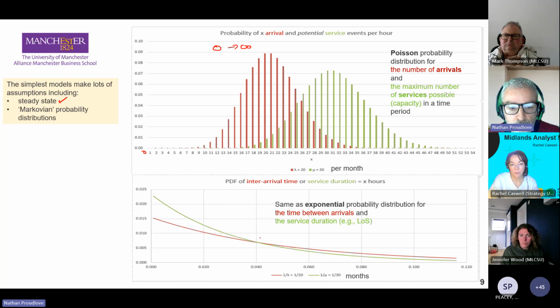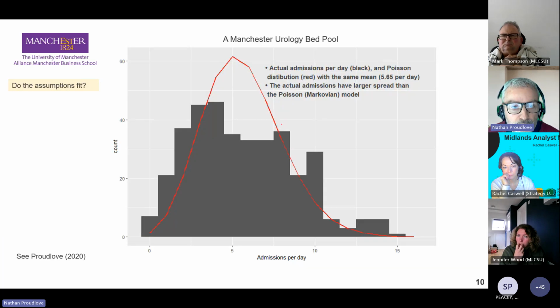So this green curve here is the exponential distribution that fits with this Poisson. These are the probability distribution that the length of stay is some particular period. They fit together in the maths, but these are hidden inside the simple queuing models. To make the maths work, this assumption is made. The maths works out quite easily.